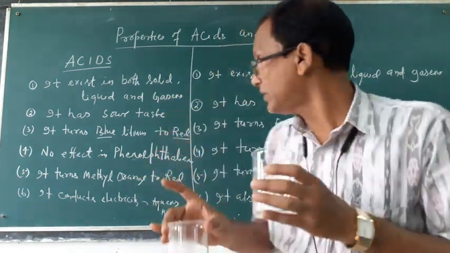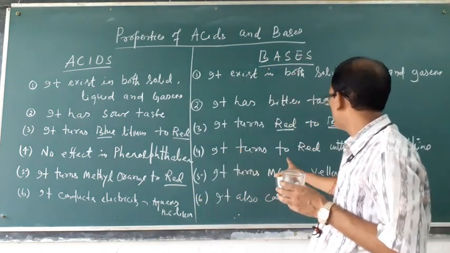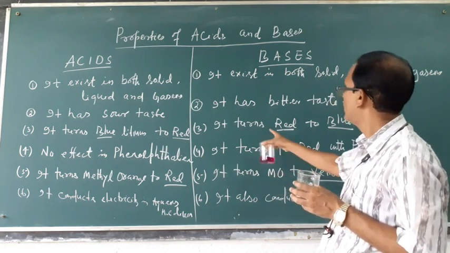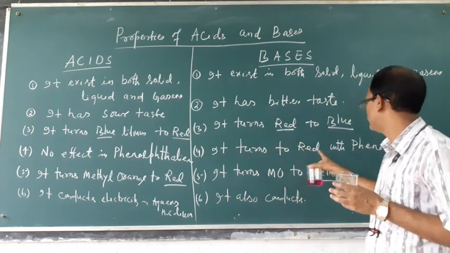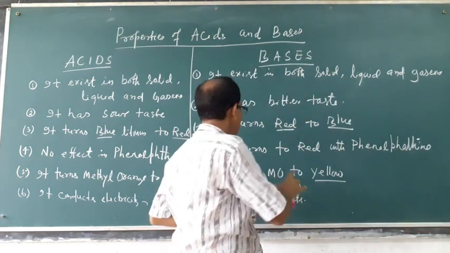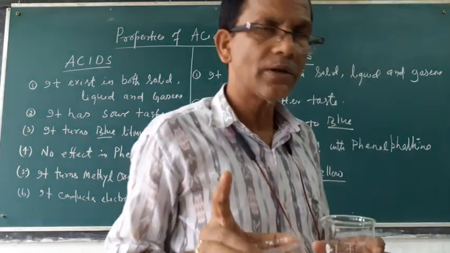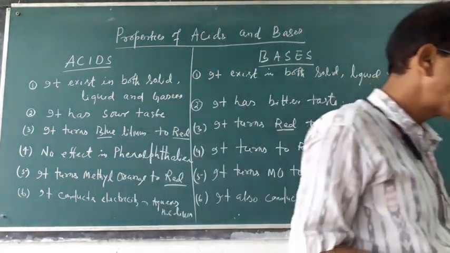So what is the conclusion? This basic solution turns what? Red with phenolphthalein solution. When you add phenolphthalein, then base changes to red. This is the identification of acid and base.